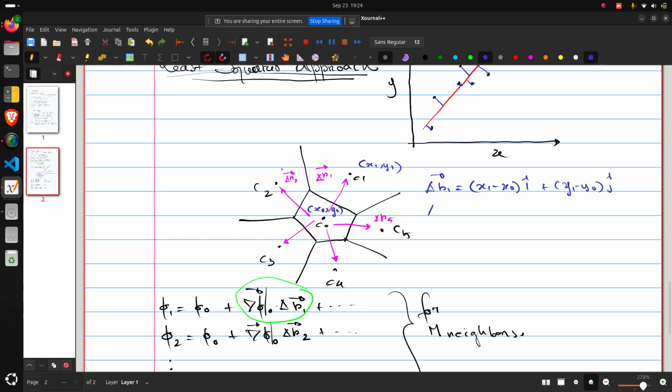And in general, for Ri, it will be xi minus x naught i cap plus yi minus y naught j cap, or we can just simply write delta xi i cap plus delta yi j cap. Okay.